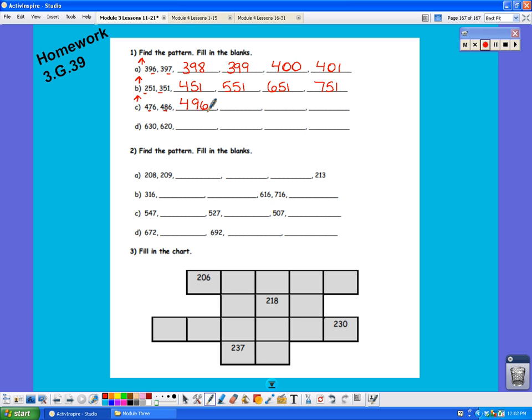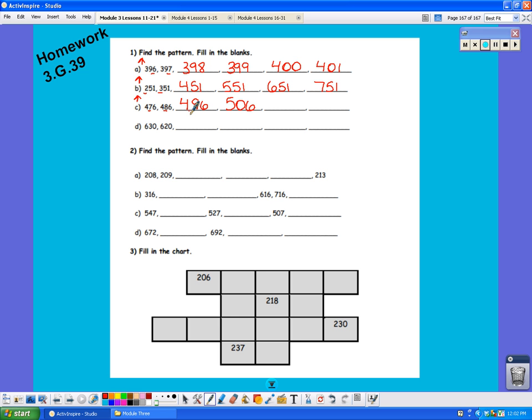496. And right here it gets a little tough, but we know that if we have 9 10s, the next number after 9 is 10 10s. So we can bundle a 10, and that's going to change our hundreds. Because if we bundle and move over to the hundreds place, we're now going to have 5 hundreds, 0 10s, 6 1s.